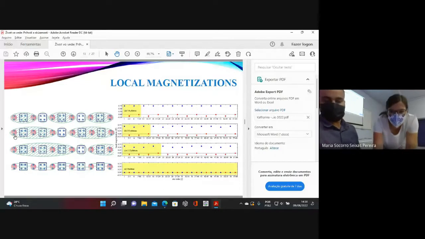Yeah, but the local magnetizations seem that this shaded yellow part tells me about this cluster, and on the left and right I have higher local magnetizations of monomer spins than in the middle, and the system size becomes greater.